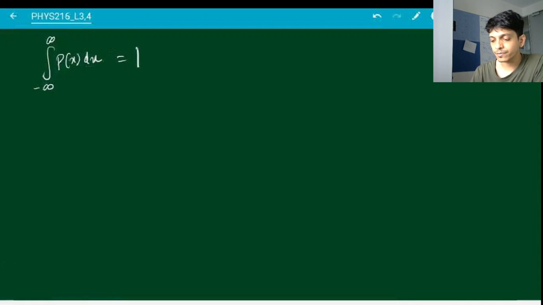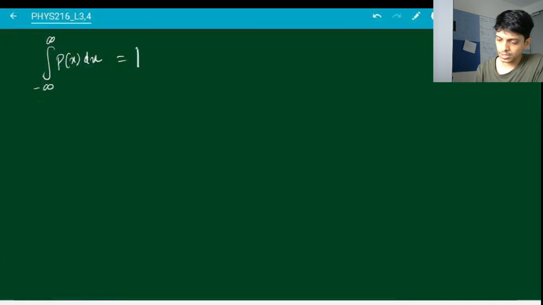For example, if this was a distribution in time, then there is no negative time, so you will do from 0 to infinity. Or if it's number of people or height of people, then you'll always go from 0 to infinity. So whatever the case may be, when I say minus infinity to infinity, I just mean over the entire possible allowed range. So basically total probability always has to be 1.